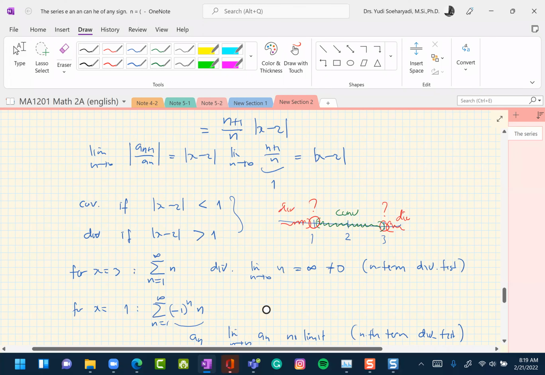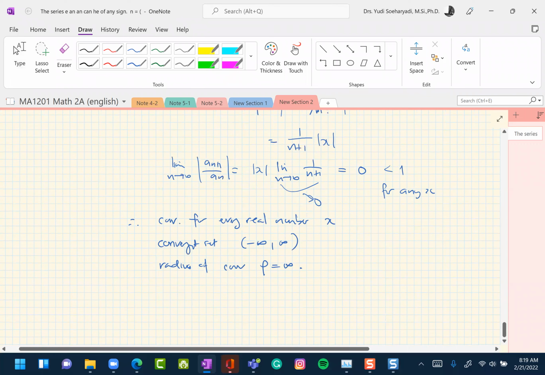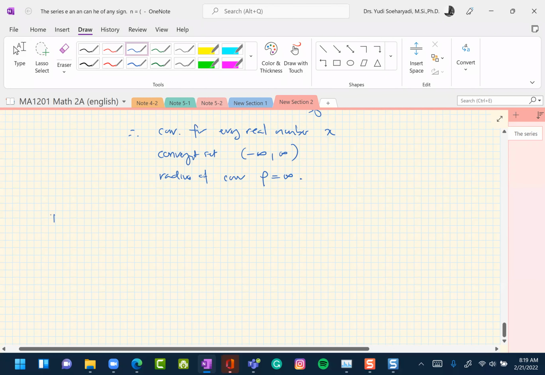In fact, you get this formula if you want the radius of convergence. Take the nth term, this is our a_n.